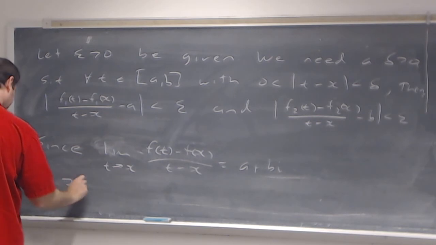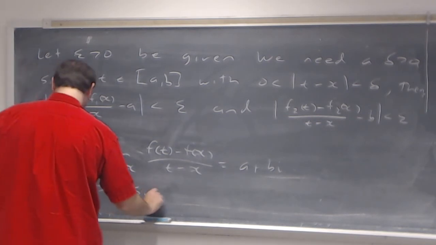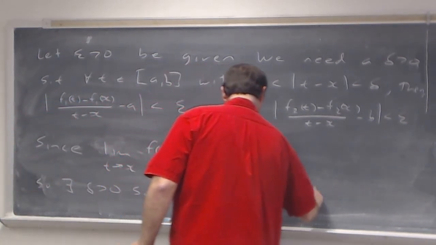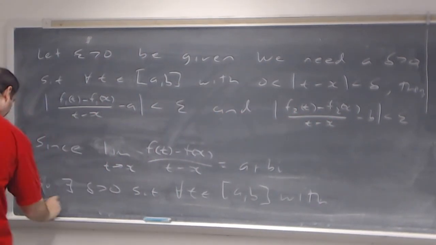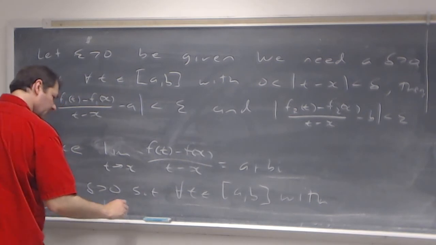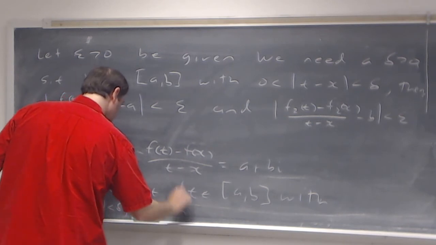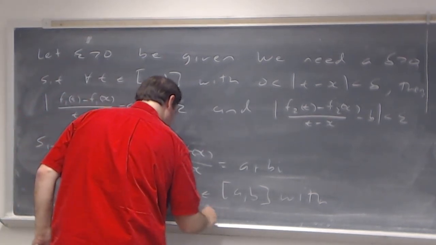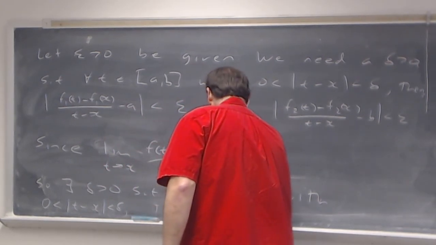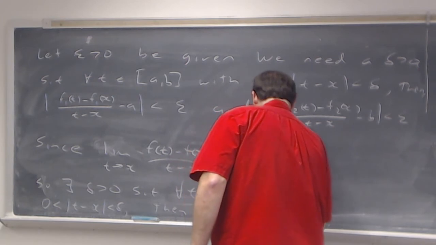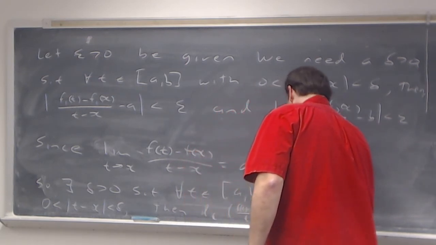So there exists a delta greater than 0 such that for all t elements of a to b with 0 being less than the absolute value of t minus x being less than delta, then, I'll leave it in the abstract sense of that metric, the metric on C between f of t minus f of x all over t minus x and a plus bi will be less than epsilon.